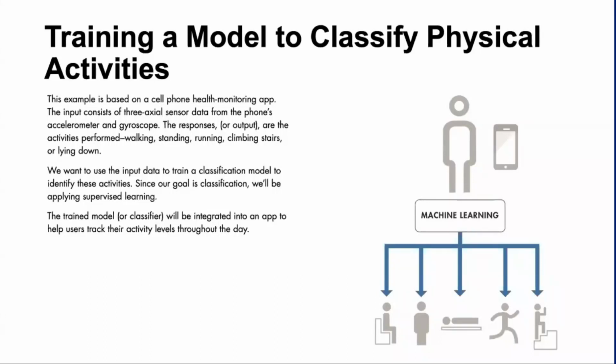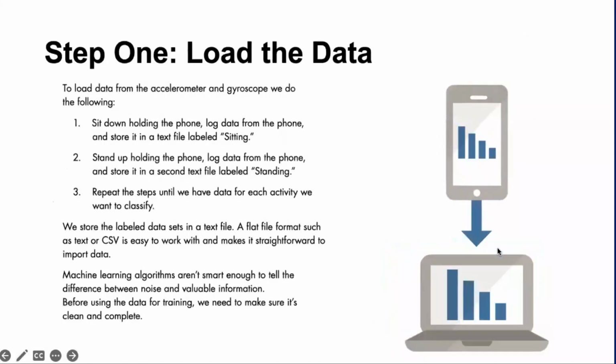Okay, so your input is the information from the accelerometer and gyroscope, and your output would be whether the user is in a walking activity, standing activity, running activity, climbing stairs, or lying down. So we know this, and then we also have this information. So we will be building the process using machine learning. Okay, so that's the idea.